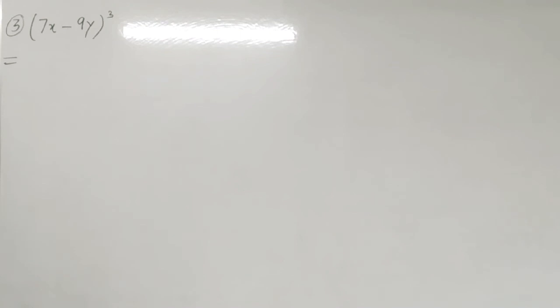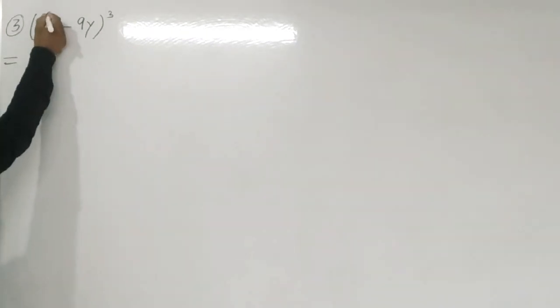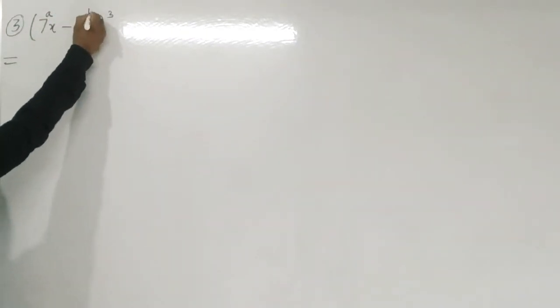Third example, (7x minus 9y) bracket cube. So 7x first is a and 9y is b.